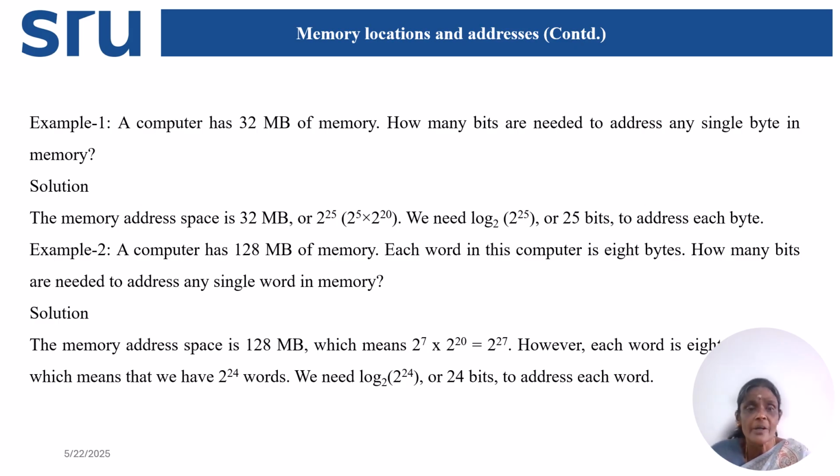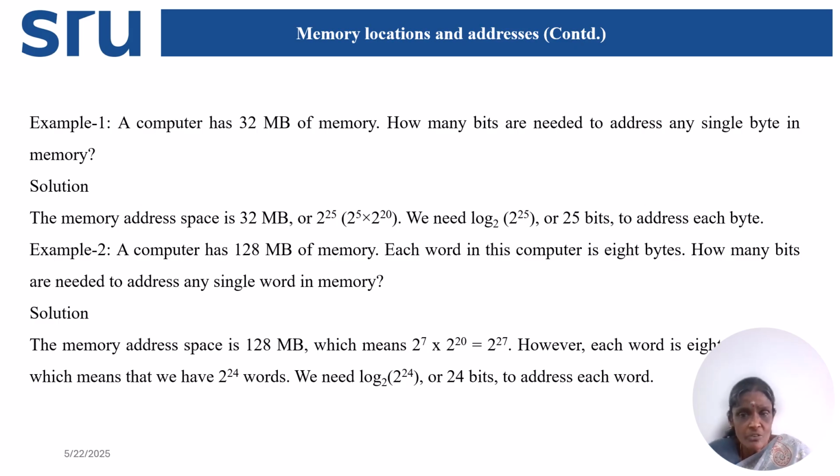How many bits are needed to address any single word in memory? Like in the previous problem, this 128 megabyte is equal to 2 power 27. So 2 power 27 means 2 power 7 into 2 power 20.